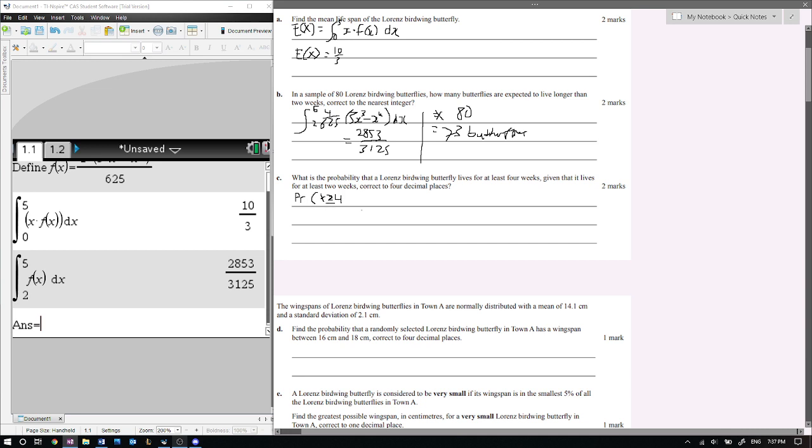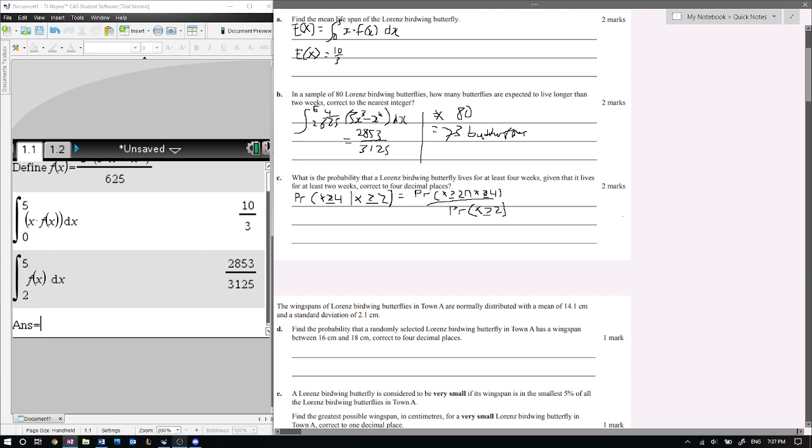So it's x is greater than or equal to 4, given that it lives for at least 2 weeks. And of course, we can write this formula out as Pr(x ≥ 2 ∩ x ≥ 4) over Pr(x ≥ 2).